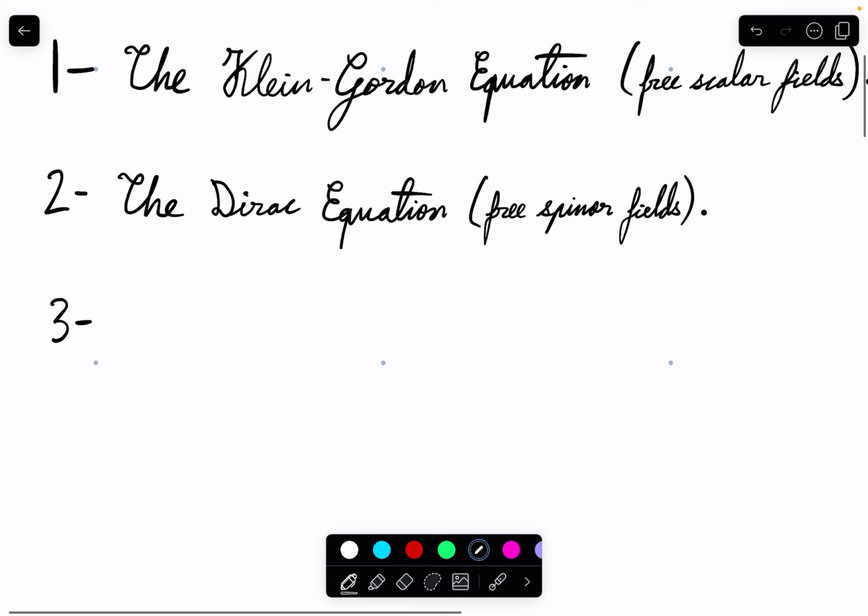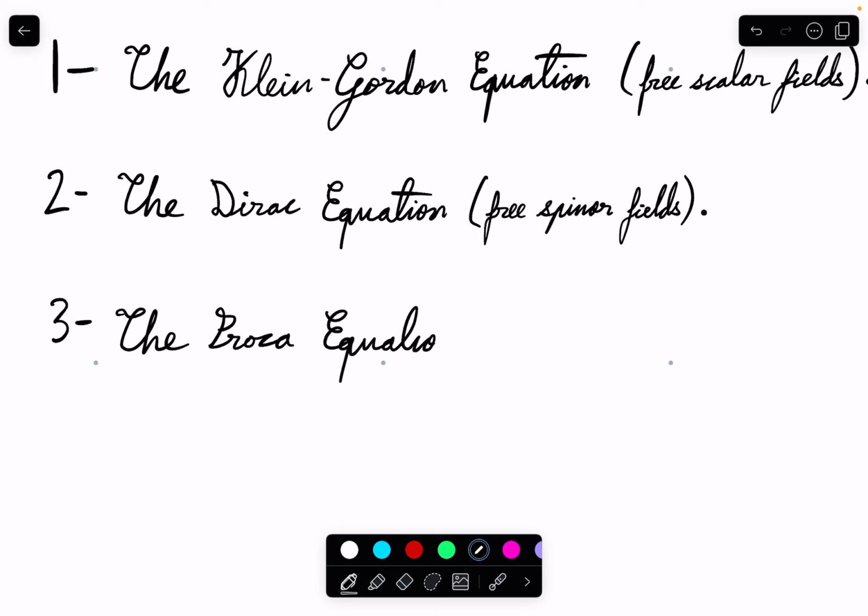Then there is the Proca equation, which is for free massive gauge fields.